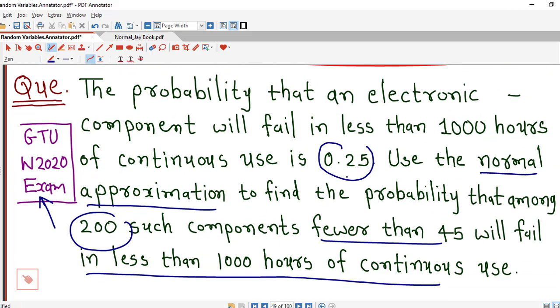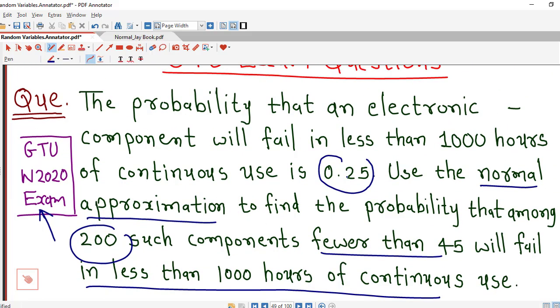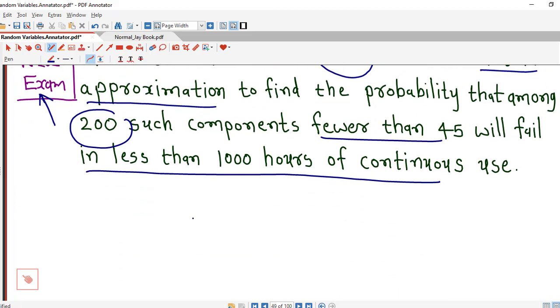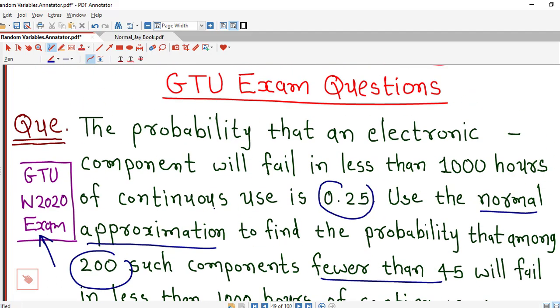So here the random variable under consideration is the number of electronic components which will fail in less than 1000 hours. We are given n equal to 200 electronic components, and for each electronic component there are two possibilities. Either the electronic component will fail in less than 1000 hours or it will not fail in less than 1000 hours.